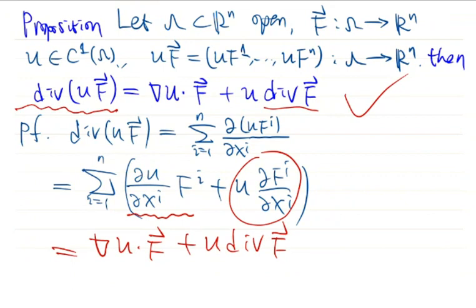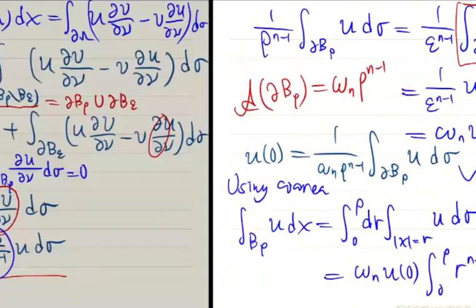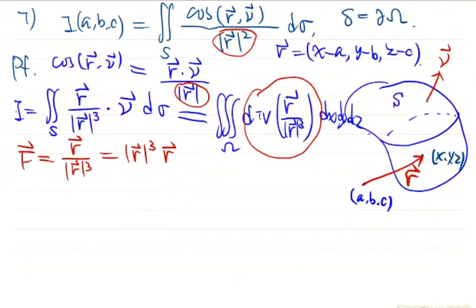We have a formula. To apply this formula, we need to compute the gradient of the scalar function. So we need to compute the partial derivative first.